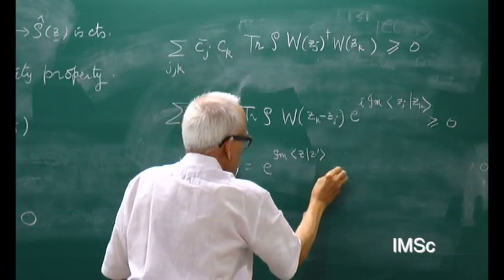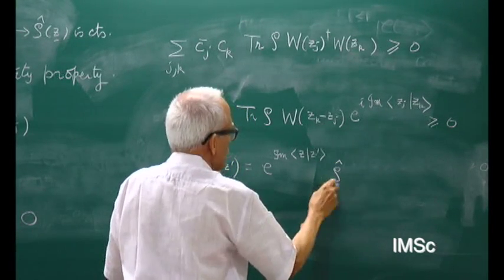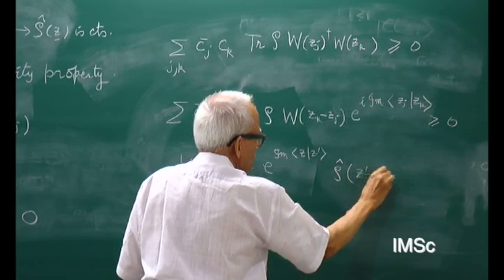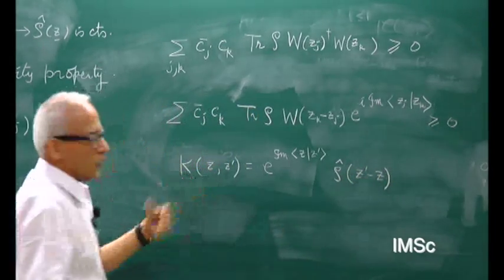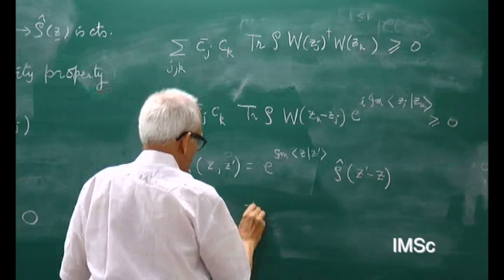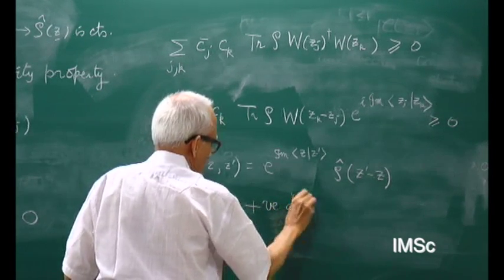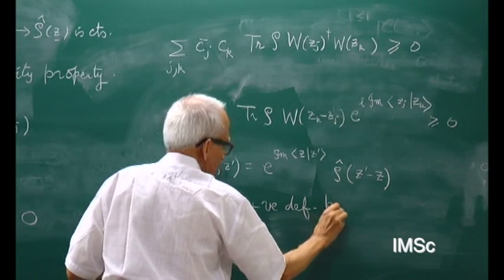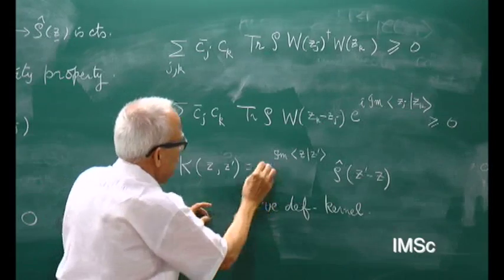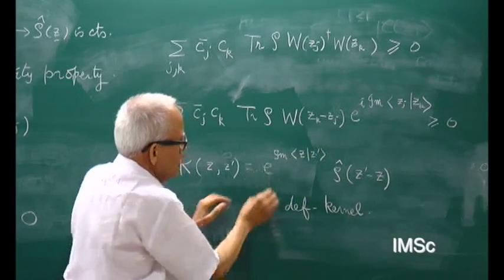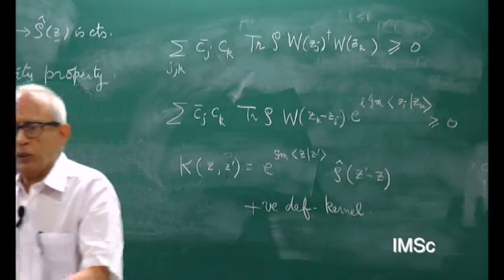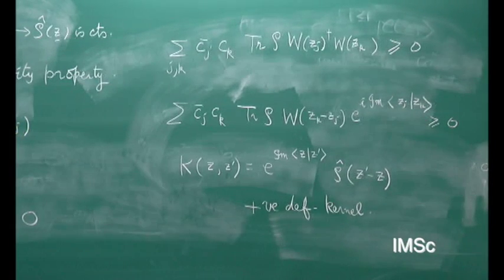This is nothing but rho hat, that is the Fourier transform of z prime minus z. This is the kernel and this is a positive definite kernel. In classical measure theory, this part is absent. Only if a function is positive definite and continuous, it is the Fourier transform of a measure.